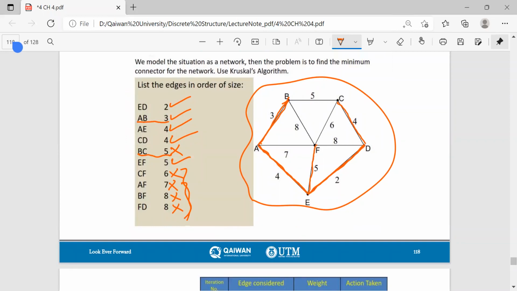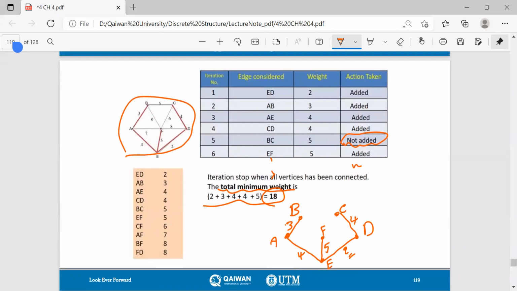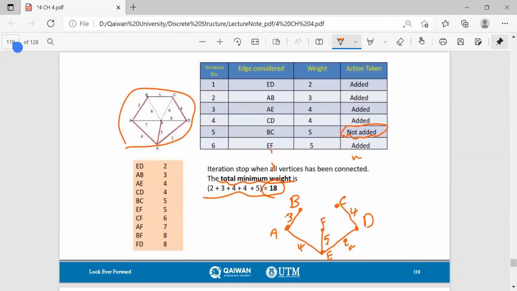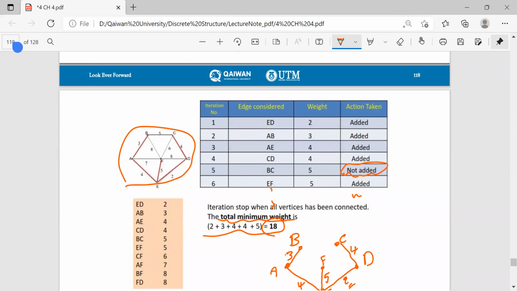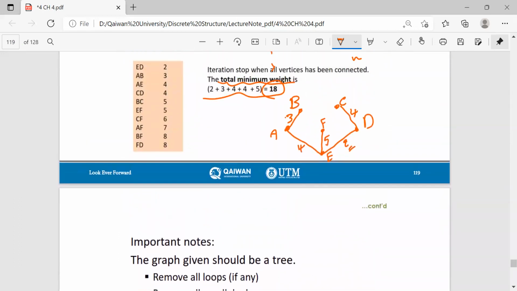You can write them down or not. But you should write down the reason why you don't add them. You should say because these make cycles. That's why you don't add them. That's so easy.